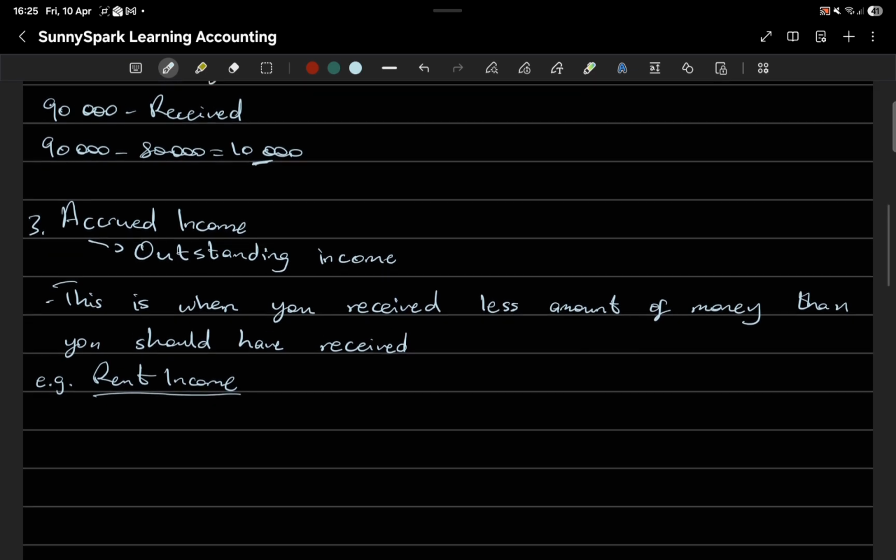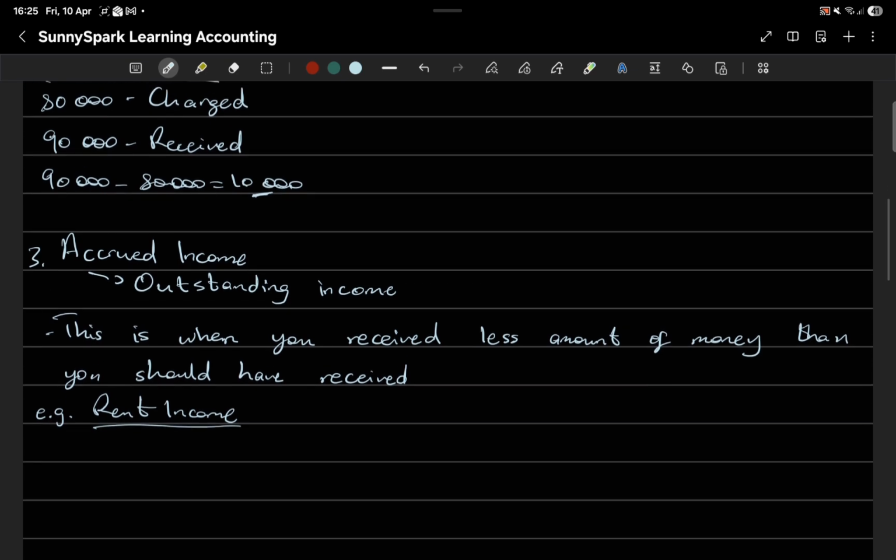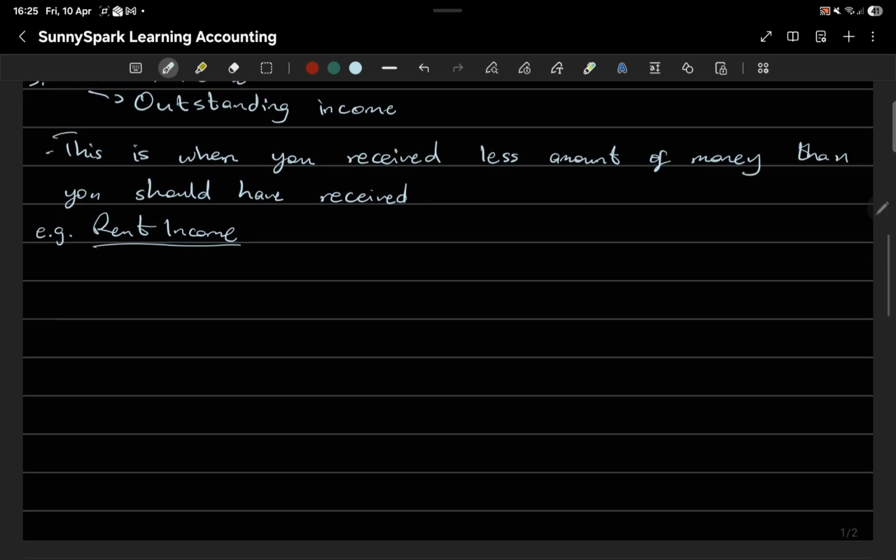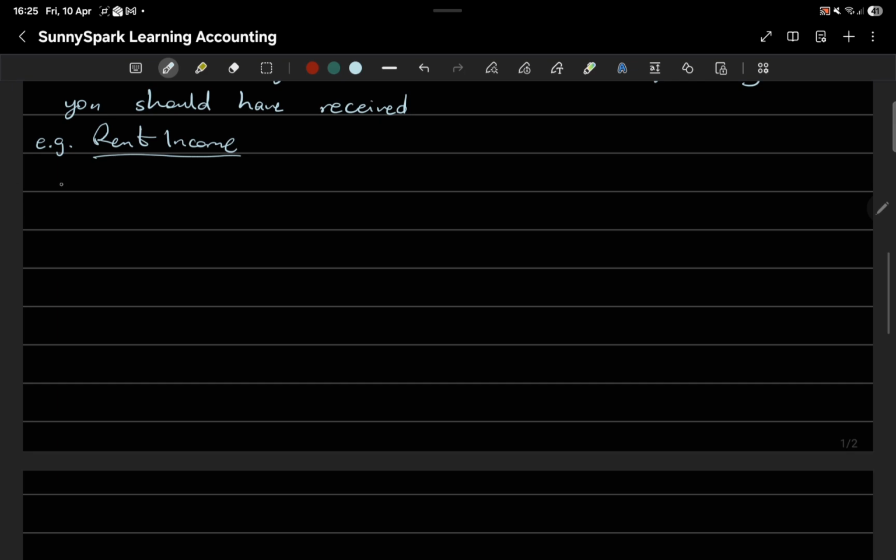Okay, so since we charged this tenant 80,000, we as the business, at the end of the year, expect him or her to pay this full 80,000.